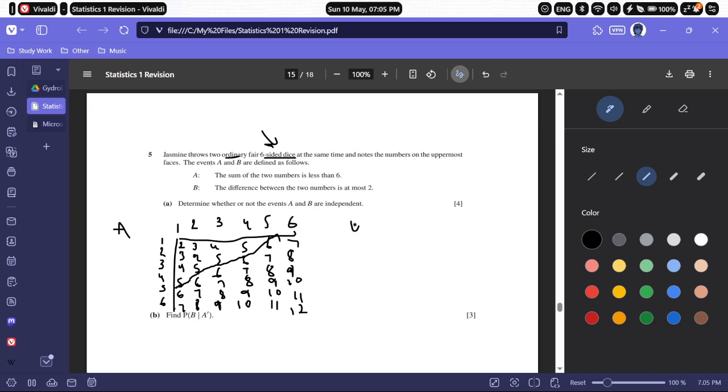Now moving on to B. The same thing, but in this case you're talking about the difference. When they say difference, you take the positive difference.